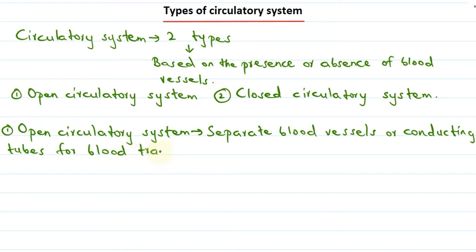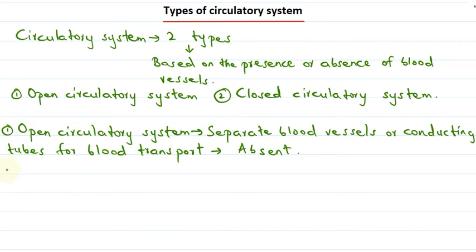The blood is not transported by any separate blood vessels or conducting tubes in case of open circulatory system.